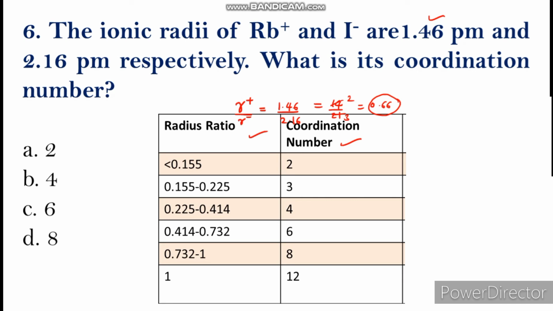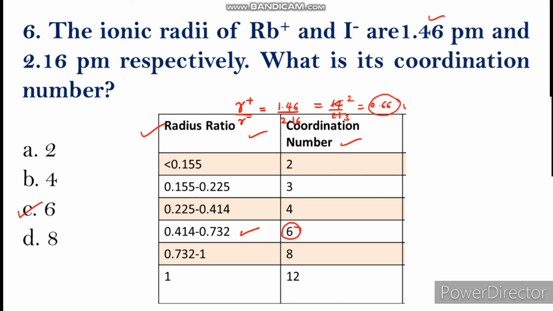It lies in this range, 0.414 to 0.732. It lies between these two, right. So the coordination number for such a compound is 6. So which option? Option 6. You need to remember this table. You just need to calculate the radius ratio and check in which region it lies.